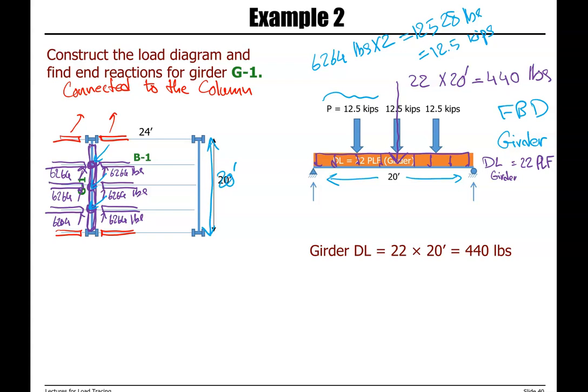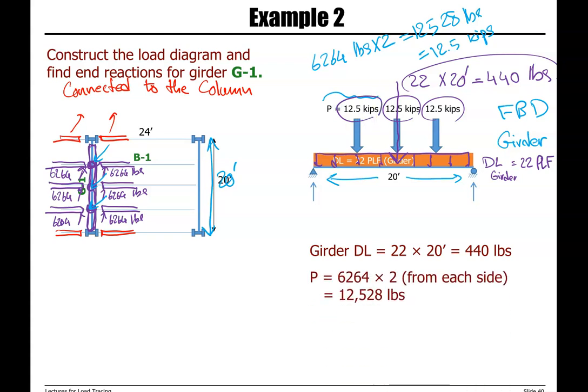The resultant of this dead load is 22 PLF times total length, which is equal to 440 pounds. So now we have loads pushing the girder downward: 440, 12.5, 12.5, and 12.5. We add all of these together.